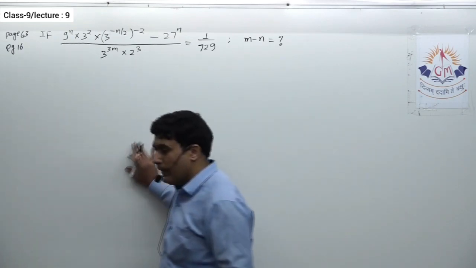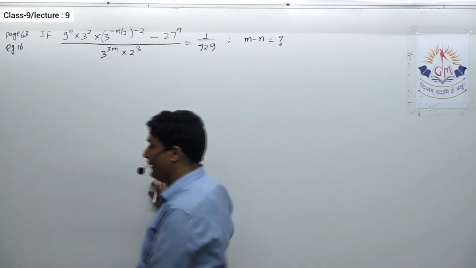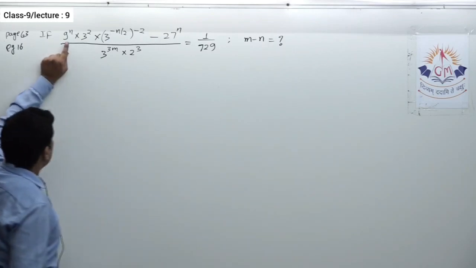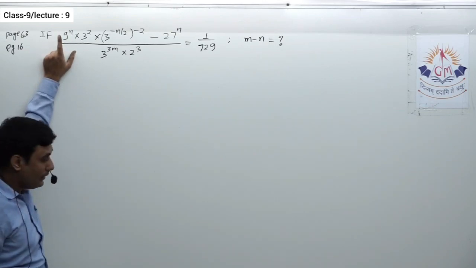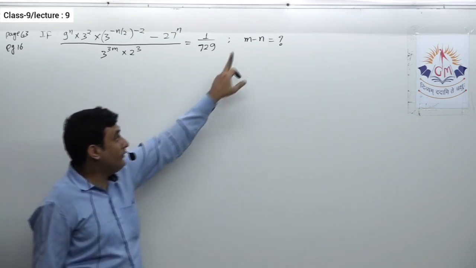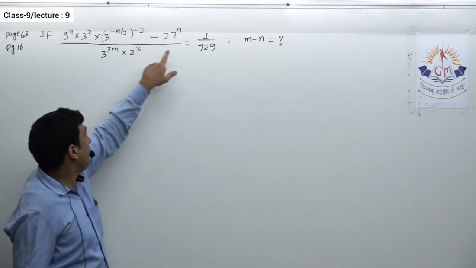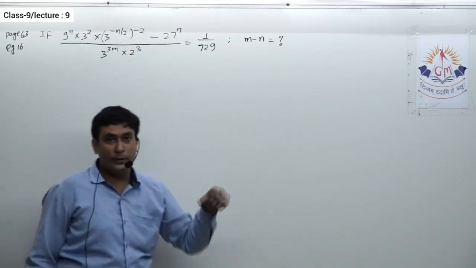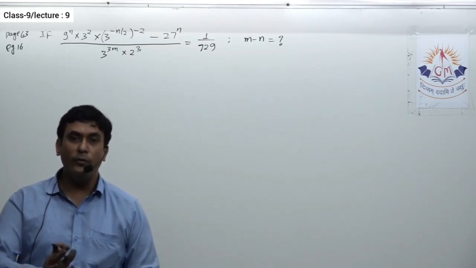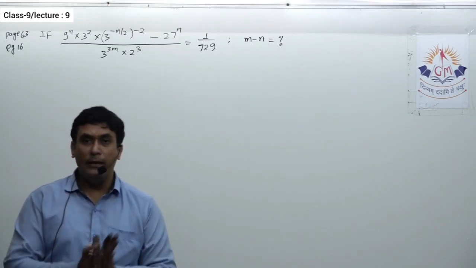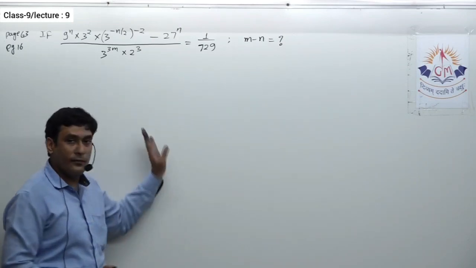Now, with a first look, it is very clear that this can be written in terms of 3 raised to something. Before that, as we need m minus n, and you can see that m and n are both in the terms of exponent, so anyhow we have to make the LHS and RHS with the same base.